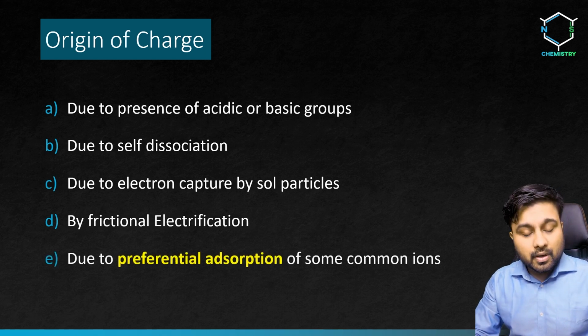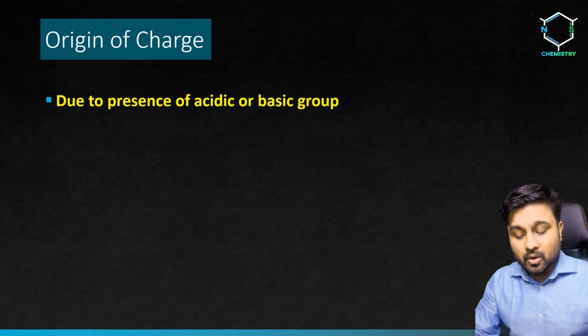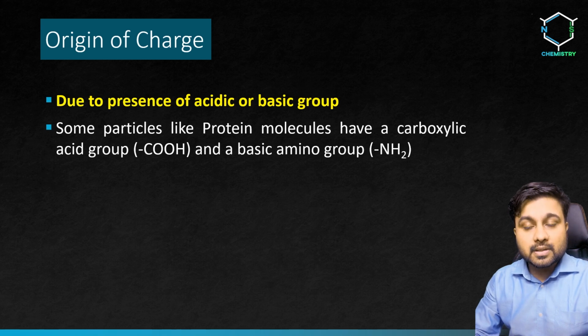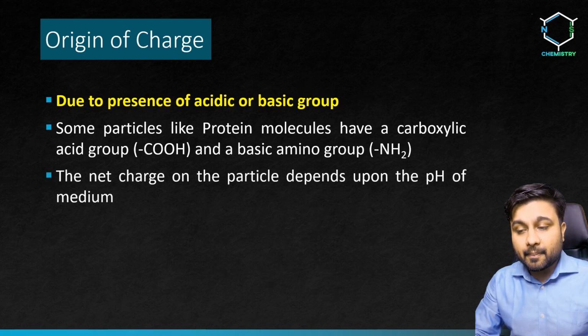First, we'll talk about the presence of acidic or basic groups. Some molecules of your colloid may contain a carboxylic acid group or a basic amino group. Now this carboxylic acid group or amino group may ionize inside the colloid depending upon the pH of the medium. Depending upon the pH of the medium, they may form either a positive or a negative ion.